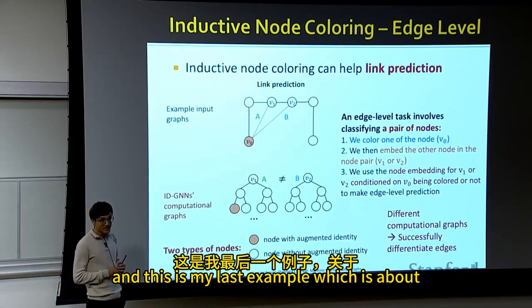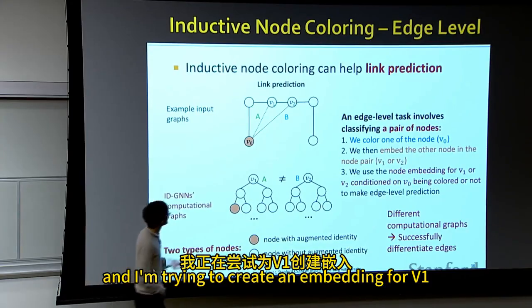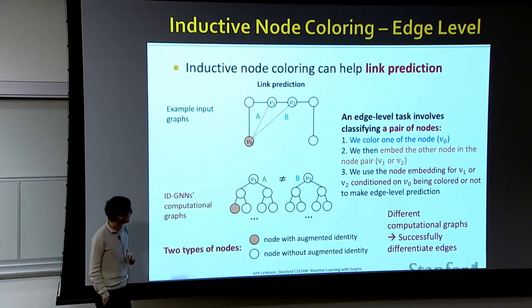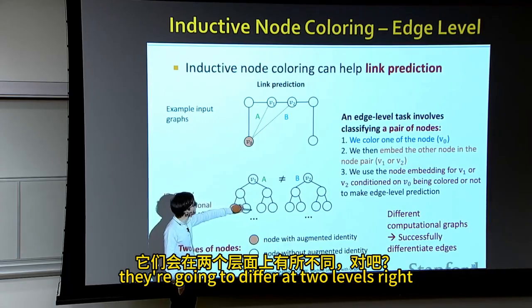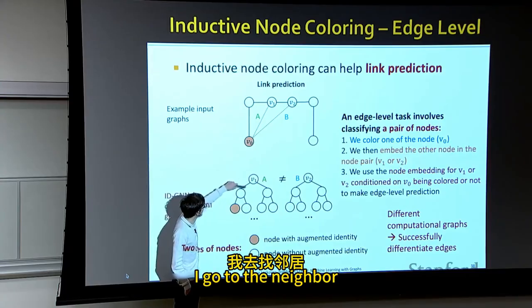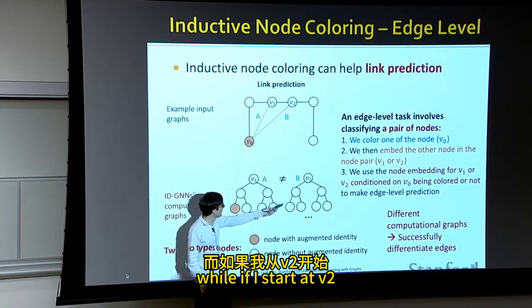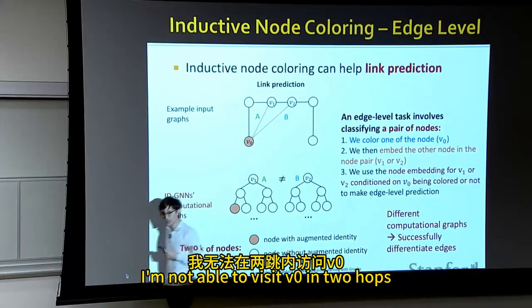And this is my last example, which is about link prediction, and I'm trying to create an embedding for V1, and I want to try it for V2. And again, if I look at the computation graphs, they're going to differ at 2 levels, right? When I go from V1, I go to the neighbor, and neighbor of neighbor, and I can visit V0, while if I start at V2, I'm not able to visit V0 in 2 hops.